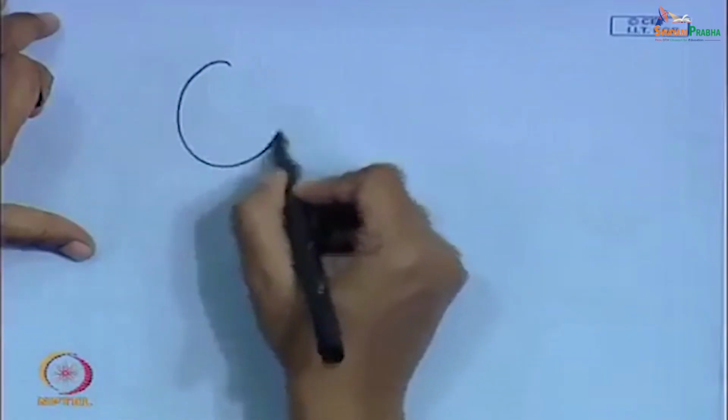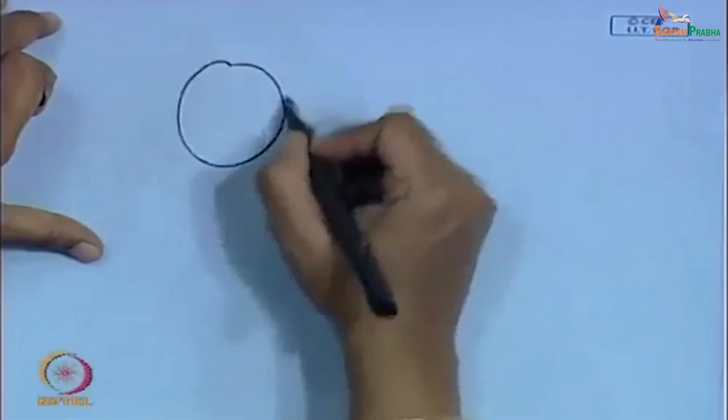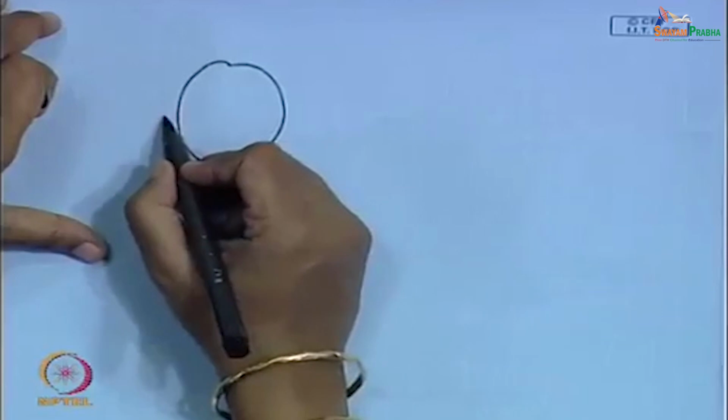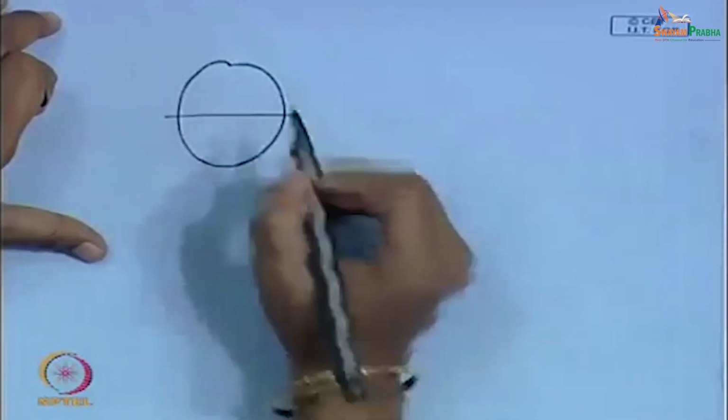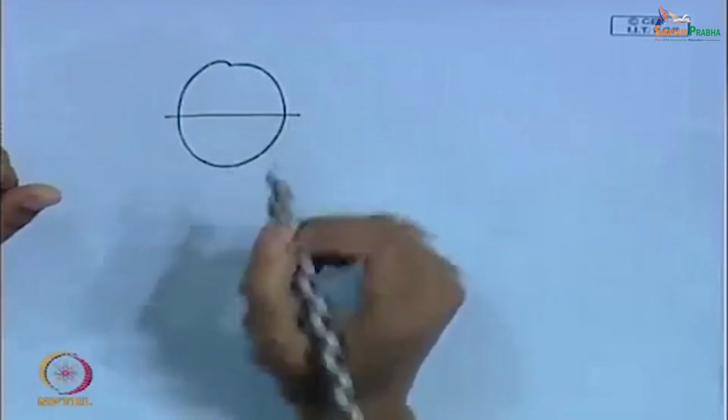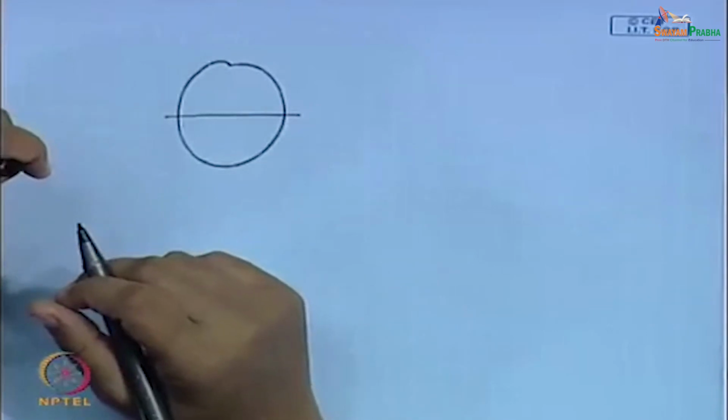Under that condition, maybe we can measure it across a particular chord. Suppose this is the pipe cross section, either we can measure it across the entire cross section or maybe across any particular chord, so that we get the chordal average void fraction.